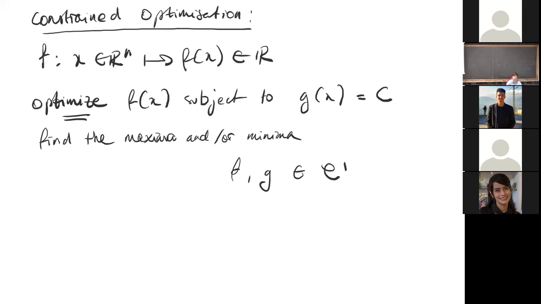You know what C1 means? What is a C0 function? A C0 function is just a continuous function. A C1 function is a function that is continuous, and such that its derivative is also continuous. So this is a C0 function.